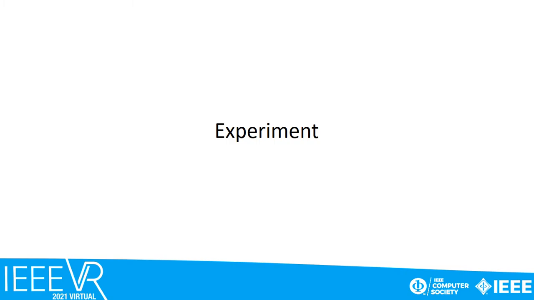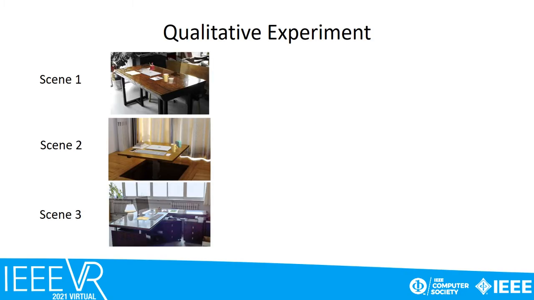In order to verify the effectiveness and generality of our approach, we set up several experiments. We mainly performed the user study on 3 scenes, which were created concerning the traditional shape of the desk: square, rectangle and right angle. In the qualitative experiment, we want to compare our approach with other approaches. We divided 24 participants into 3 groups, and each group was randomly assigned to a desk type.